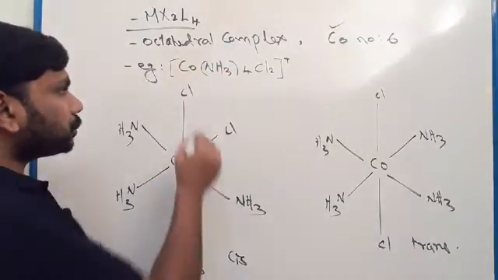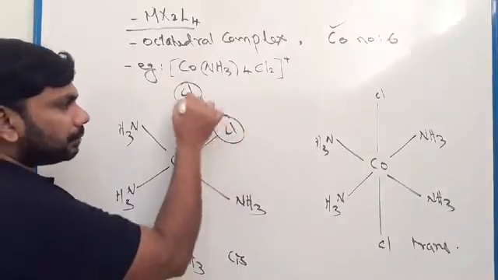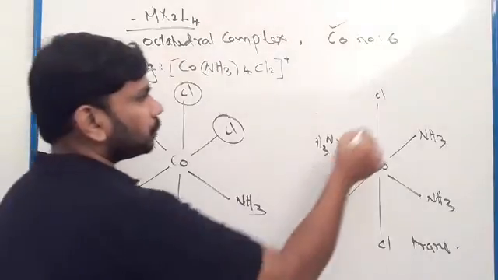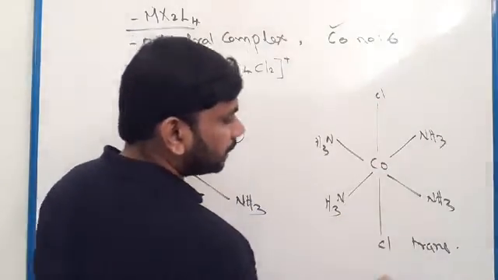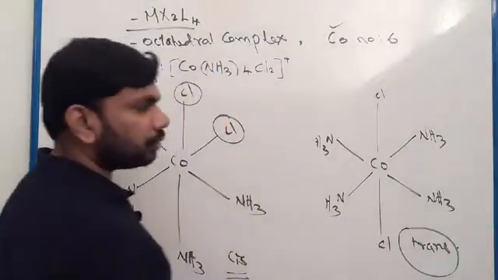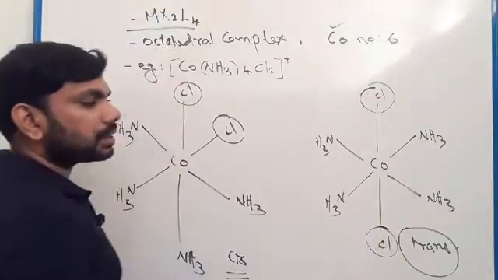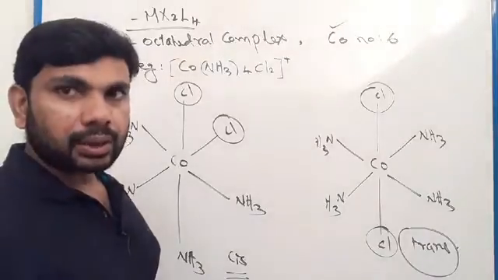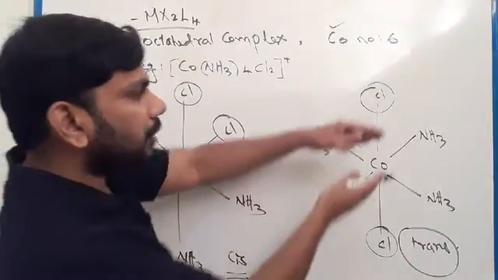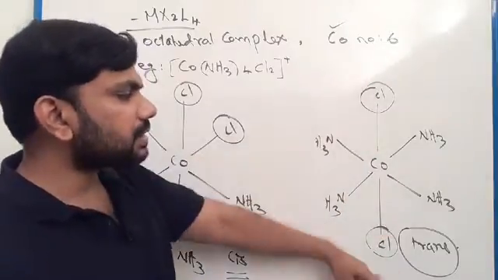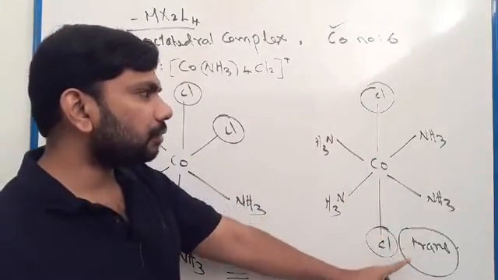Look here, 2 chlorine atoms are coming on the same side, so it will be cis. Here 2 chlorines are on opposite sides, so it will be trans. I told you before, up and down same type of atoms coming will be trans. So the same atoms on opposite sides, here it will be trans.